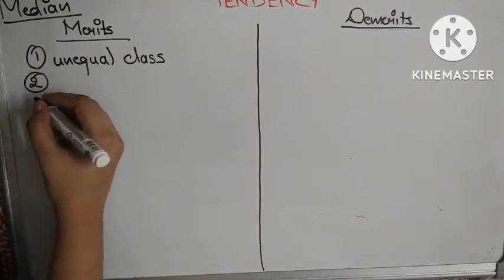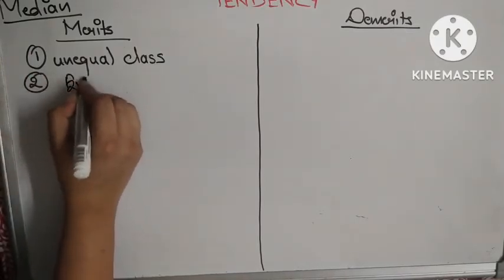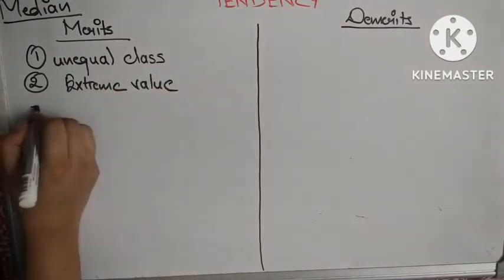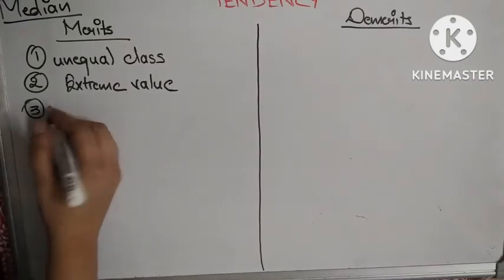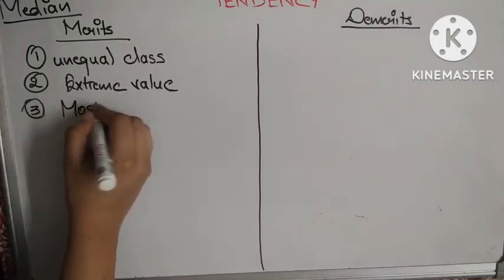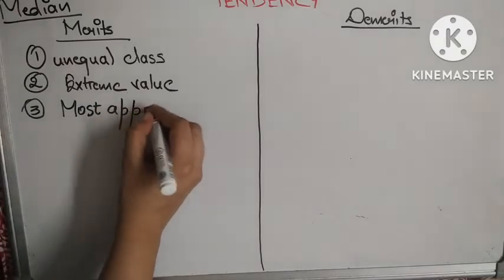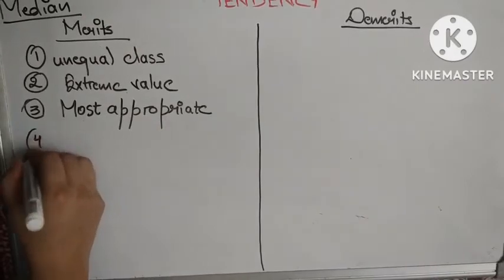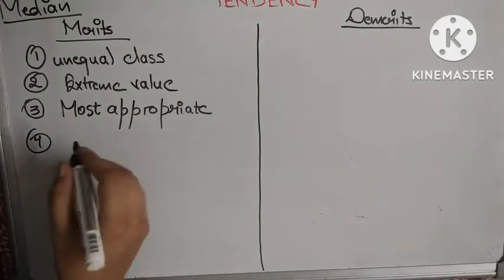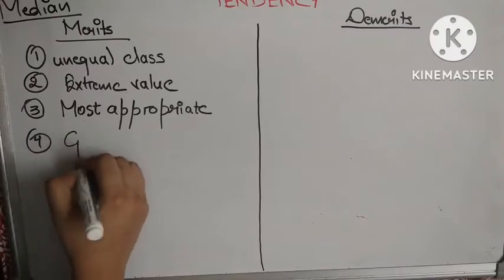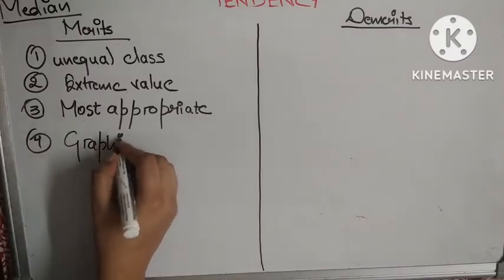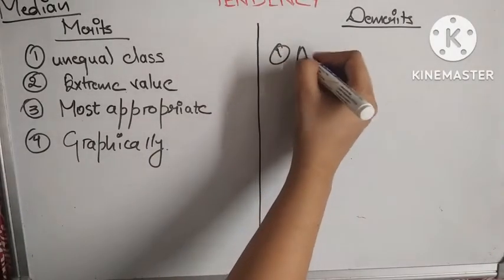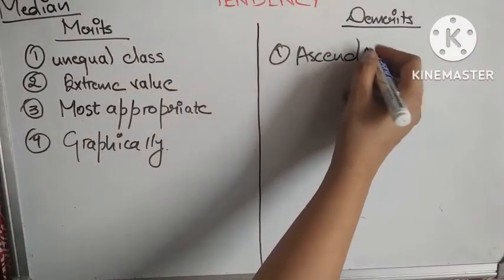Then extreme values do not affect it, it is also known as positional. It is the most appropriate average in some cases, and it can be determined graphically also. The demerit is that in the first step itself you have to arrange it in ascending order.